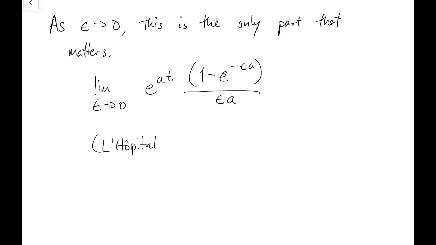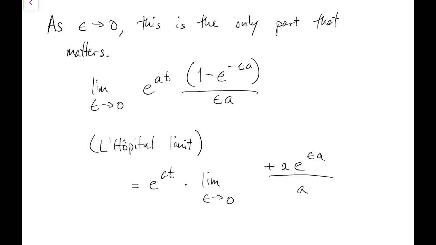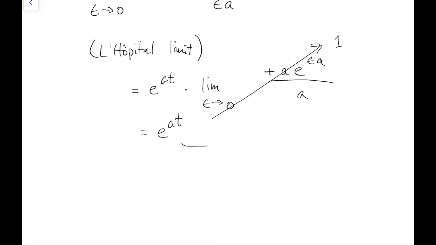Remember, when we do that, since epsilon is the variable in the limit, we have to take the derivative of numerator and denominator with respect to epsilon. And you find that this whole limit is just 1. So the impulse response to the problem is e to the at.